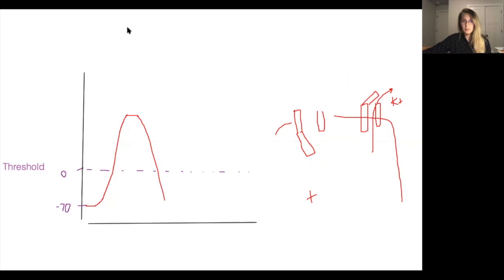And when that flips closed, this is still open. So that's going to start making it more negative, because if you have all these positives leaving, the inside's going to start becoming more negative. And that's how our graph starts coming down. And that is called repolarization.